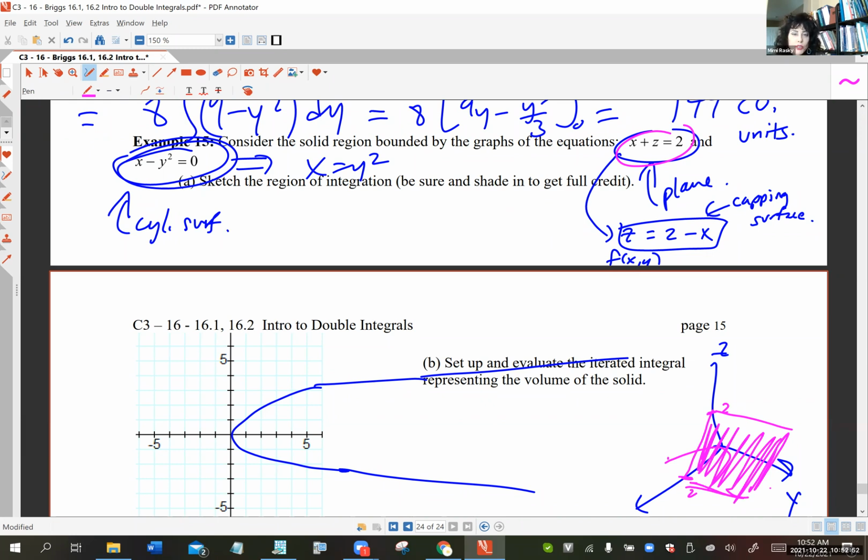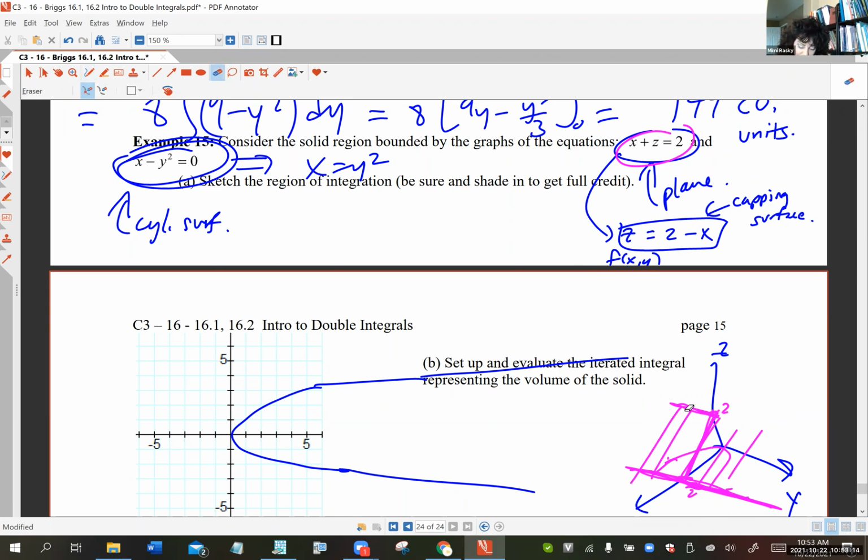We only want the portion of the plane that's hovering over the base of our solid. We don't want the whole thing. So we only want to be restricted to, and I hope you can see that this plane that I drew does cut through the xy plane. You see that? And that's important because that's going to help cut off our base.